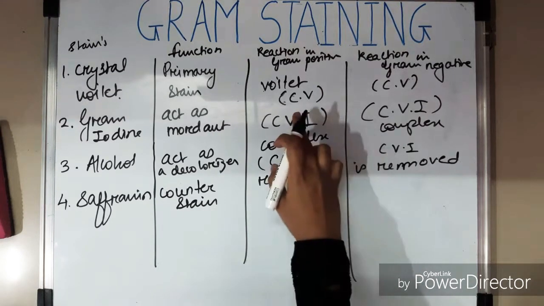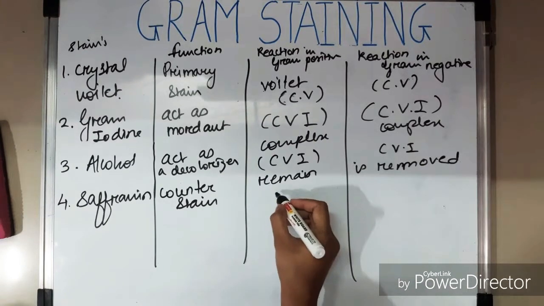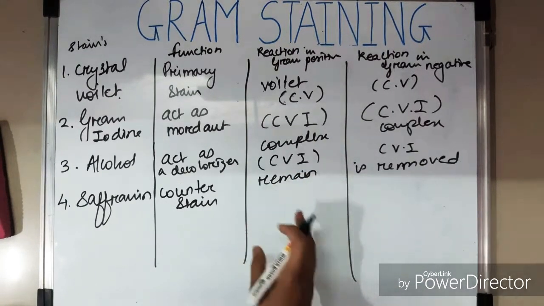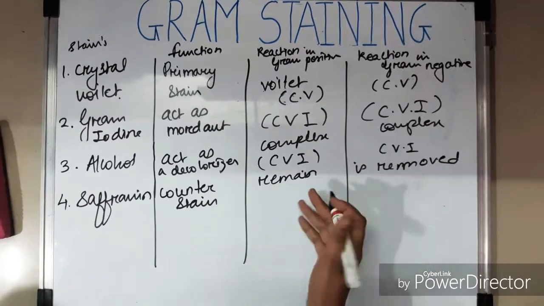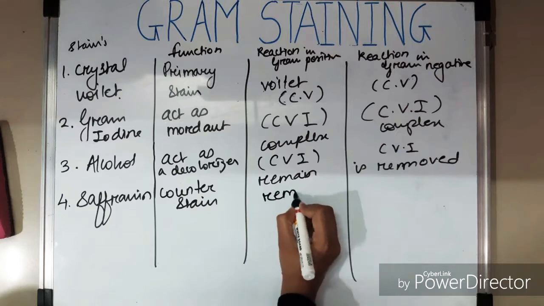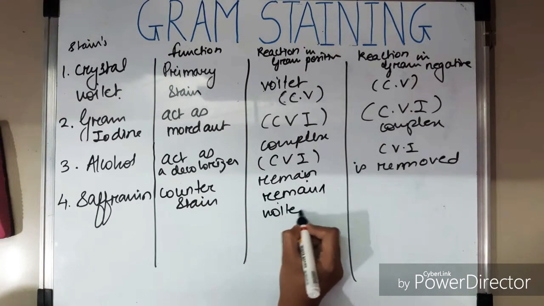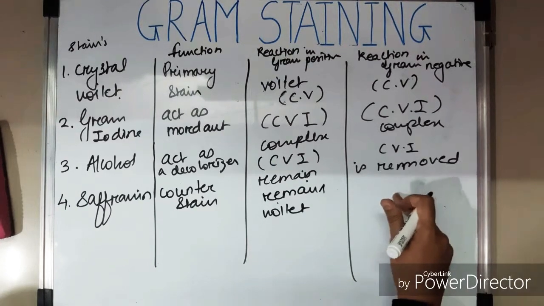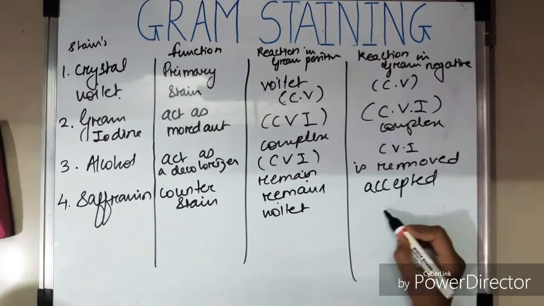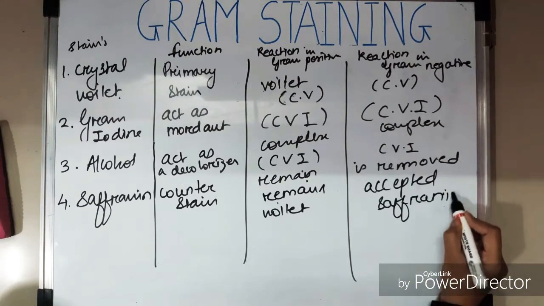The reaction it shows in gram positive bacteria is nothing but the CVI complex that remains the same. Why? We will see further in the principle of gram staining. Okay, the gram positive bacteria remains violet here, but the gram negative bacteria accept the color, the stain safranin, and become pink in color.